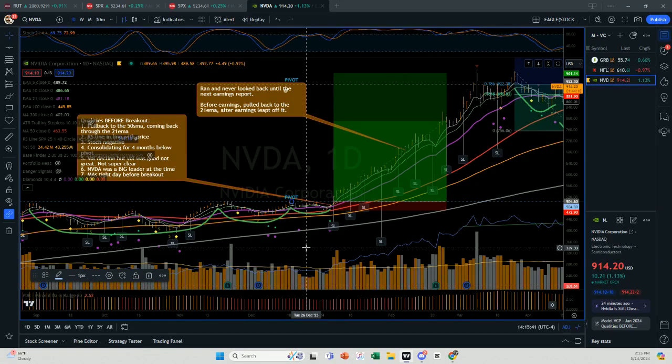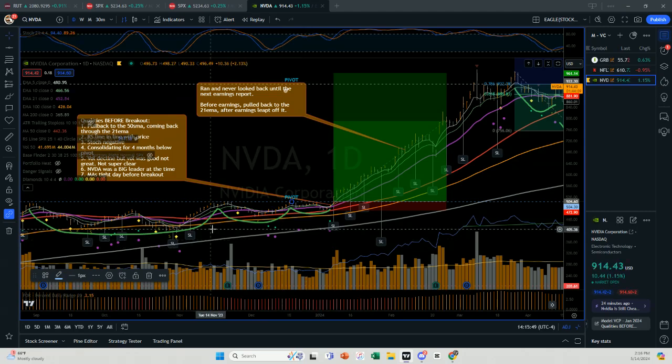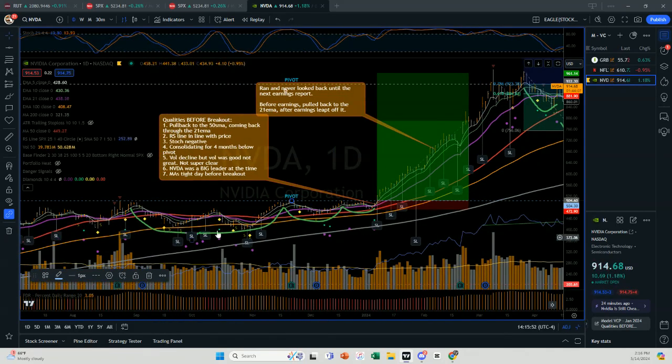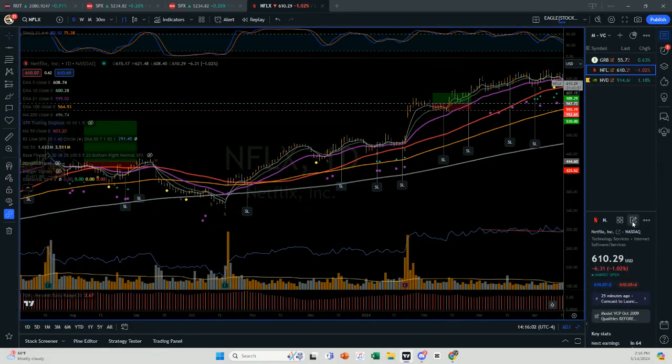So this is how the VCP, it doesn't really matter, or it matters less about that, because this one here, all this contraction ended up being below this line that started way back here. In some of these other examples, let's just bring them up so that you could see them.